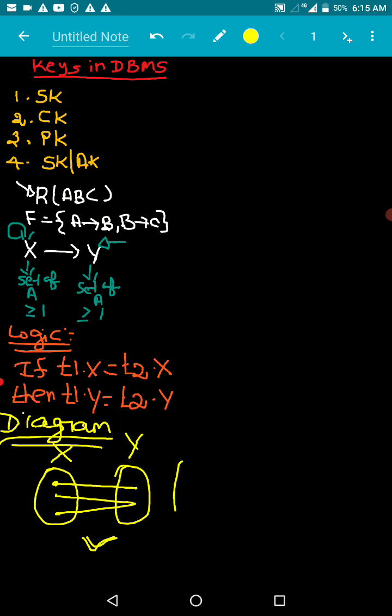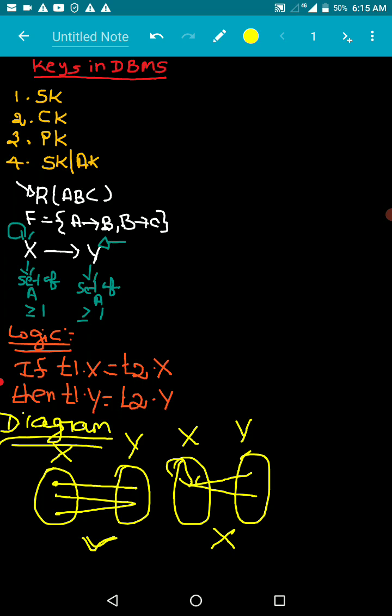Note that X is a set of attributes and Y is a set of attributes. A one-to-many relation is not possible for the functional dependency X tends to Y, because if somebody gives the X value, I can find the Y value uniquely, but here there are two Y values for the corresponding X value. Therefore, one-to-many is a relation, but not a function.